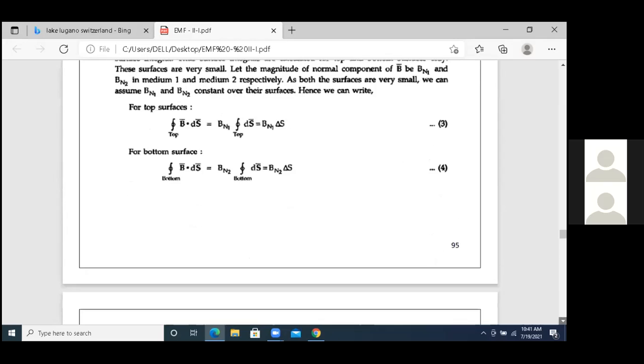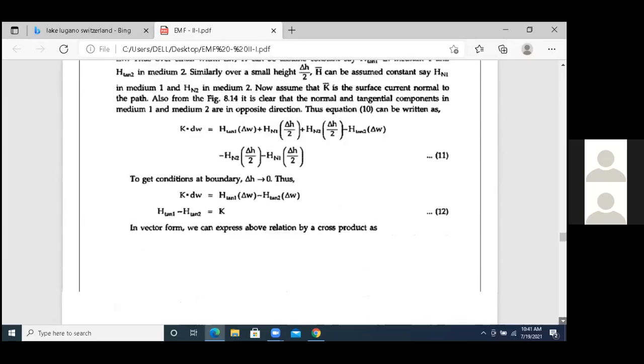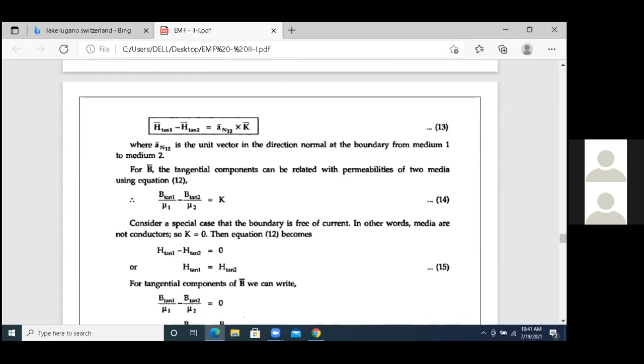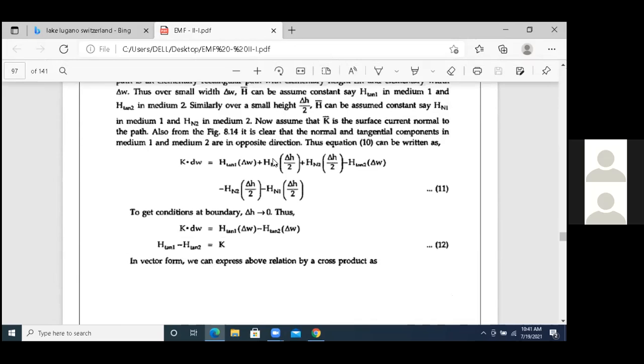So if we put in the H tangential 1, that would be up top there, which would be delta W. H normal 1, H normal 2.